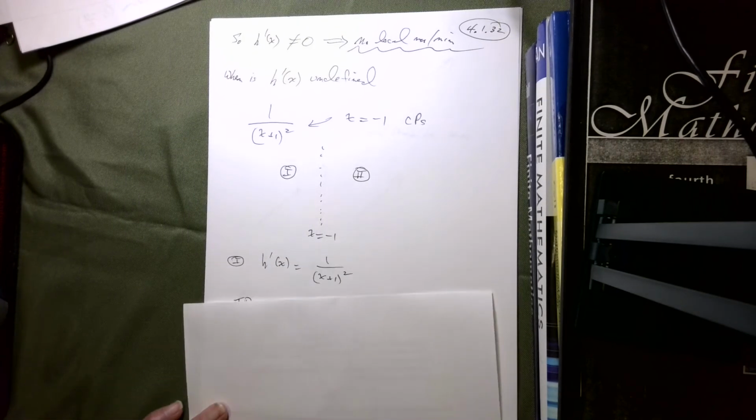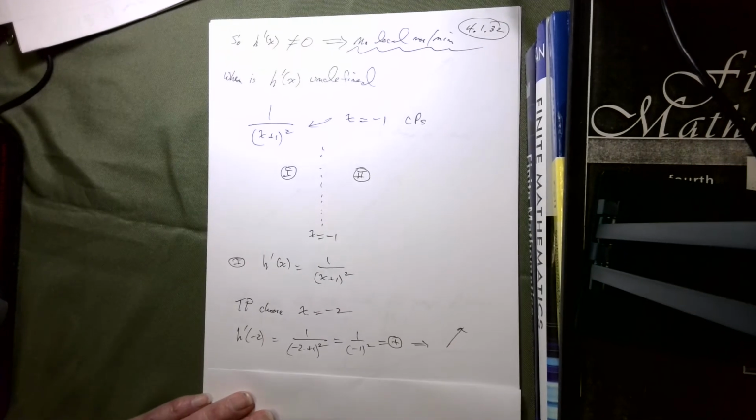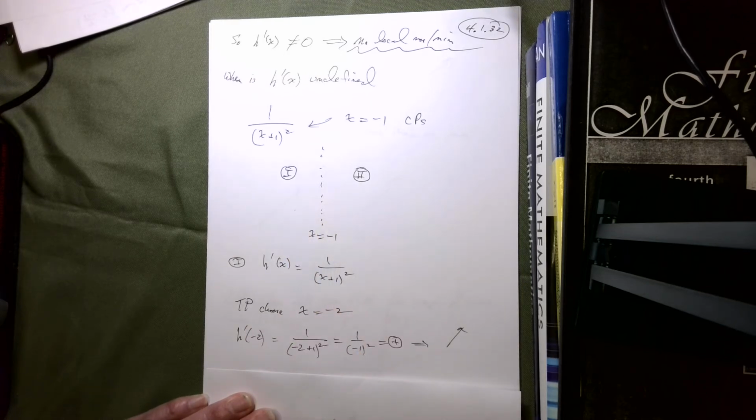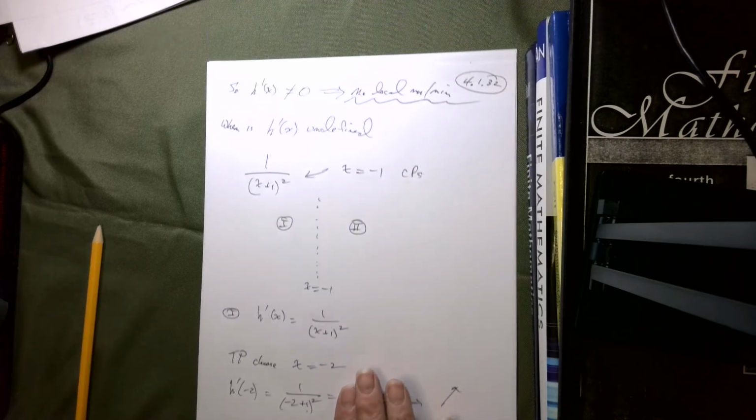How about 0? And that's all we're doing here. In region 1, I'm going to choose a -2. So I put in a -2 plus a 1. I square the number. Please, I don't care what the number is. All I care about is the derivative positive or is it negative. Positive, which means the function is going up. The original.